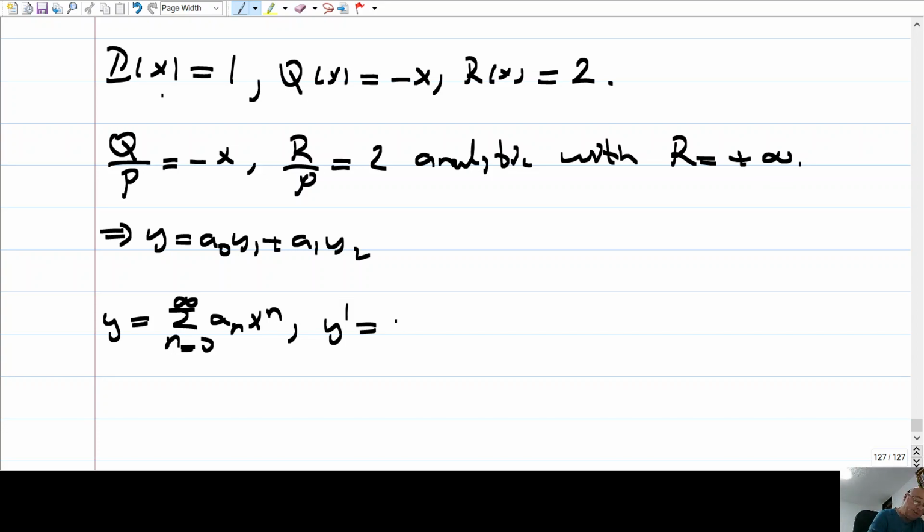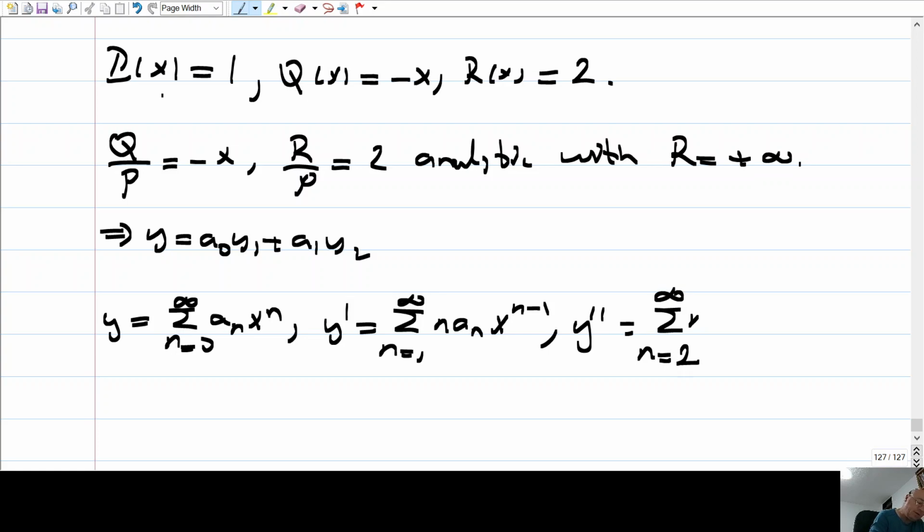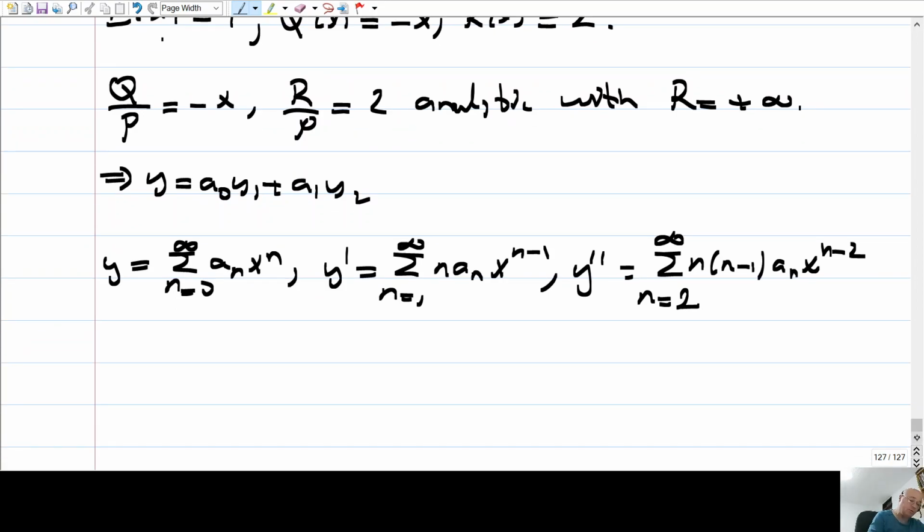So y prime is just the sum from n equals 1 to infinity of n times a_n x to the power n minus 1, and the second derivative is just the sum from 2 to infinity of n times n minus 1 a_n x to the power n minus 2.